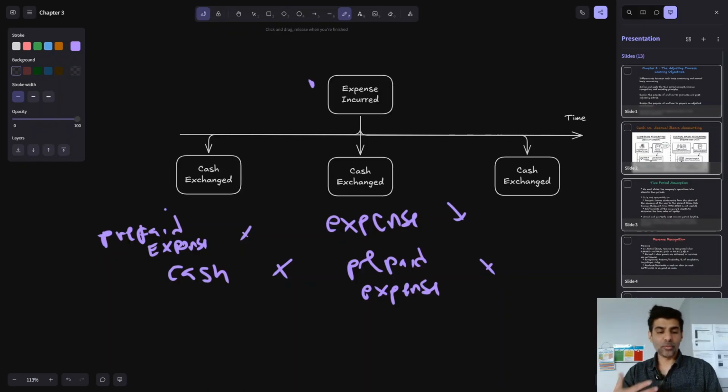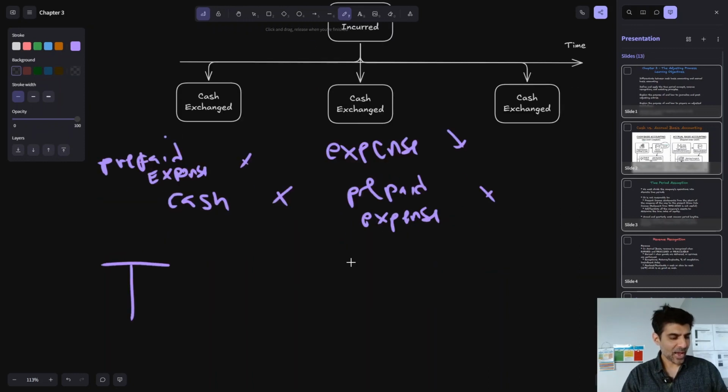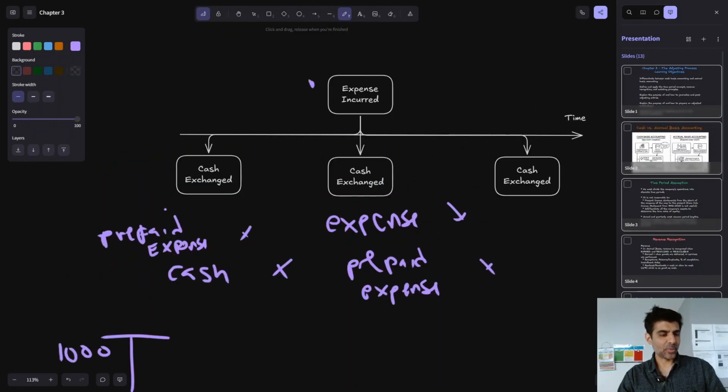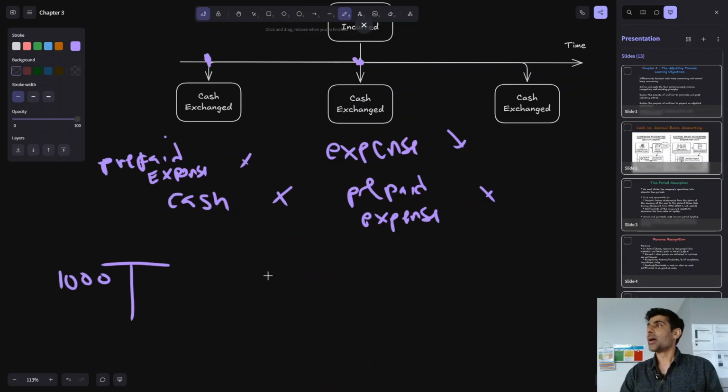Okay, so we're reducing that asset's value, right? Because we actually incurred the expense. We're using up that asset. Do we agree? That's why it's getting credited. So let me put some numbers to this. If I had a prepaid asset that's worth $1,000, and let's say from the time that I paid the cash till the time the expense is incurred, it's like $100 worth of expense.